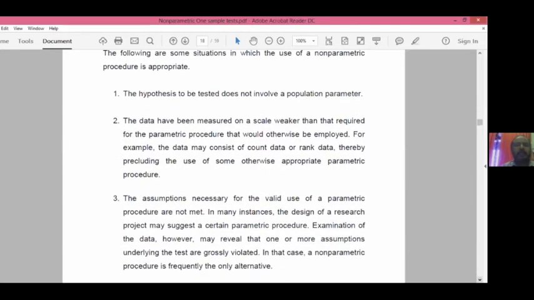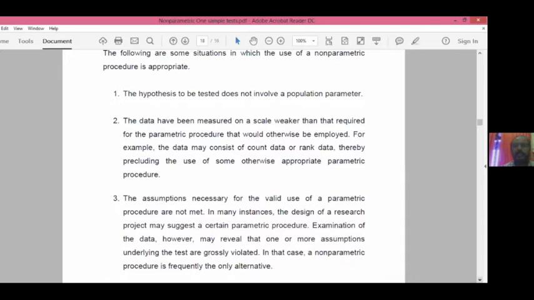Second, the data have been measured on a scale weaker than that required for a parametric procedure that would otherwise be implied. For example, the data may consist of count data or rank data, thereby precluding the use of some otherwise appropriate parametric procedure. Third, the assumptions necessary for valid use of a parametric procedure are not met. That is also an important point.